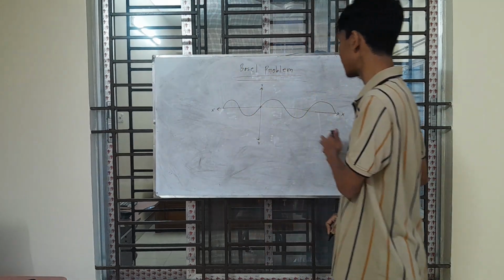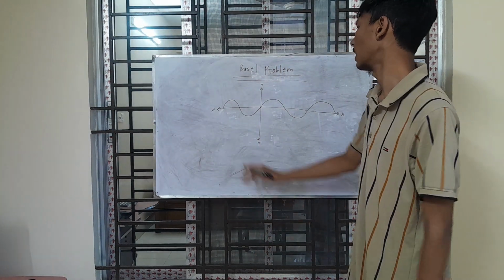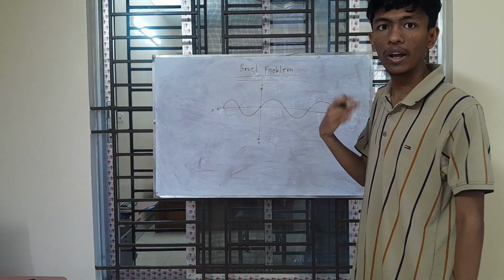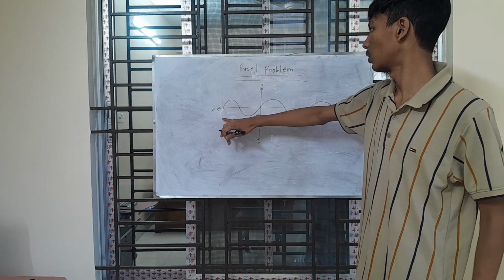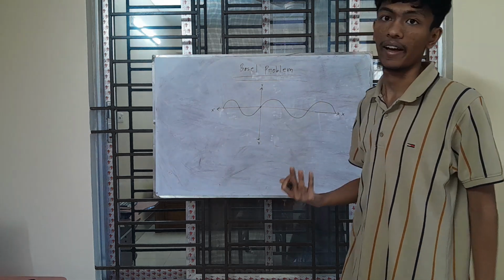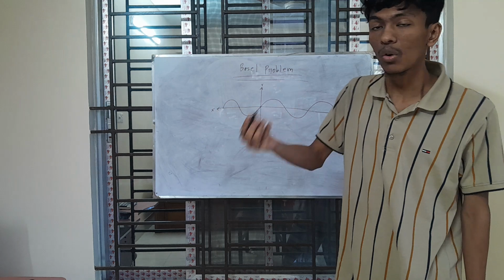So this is the graph of a sine function. Am I right? So in this graph, Euler then searched which points are the zeros of the sine function.